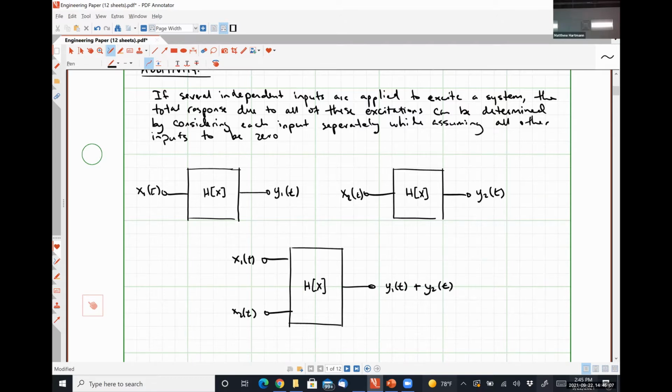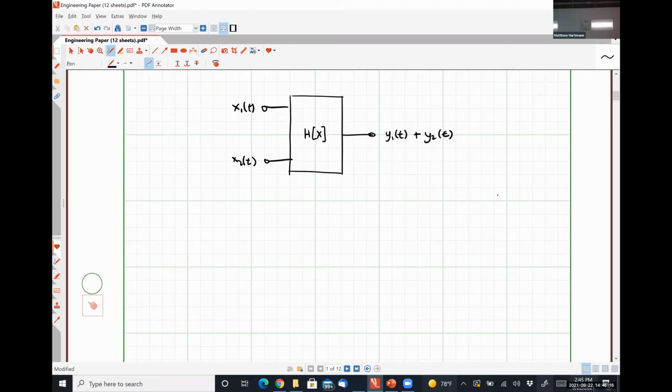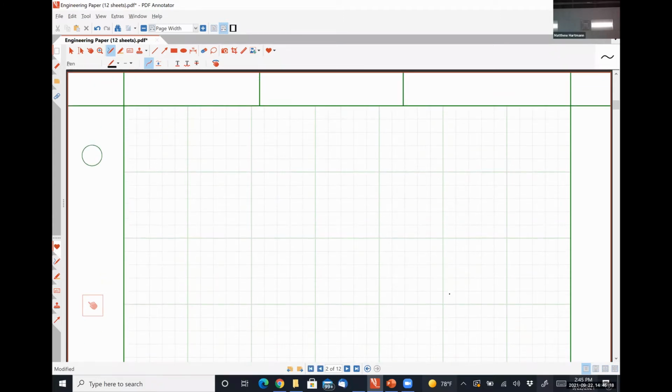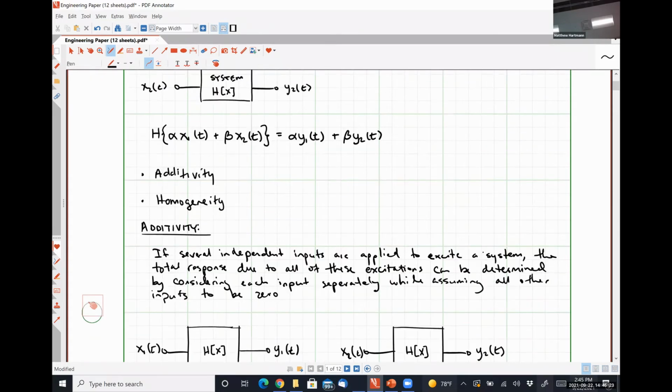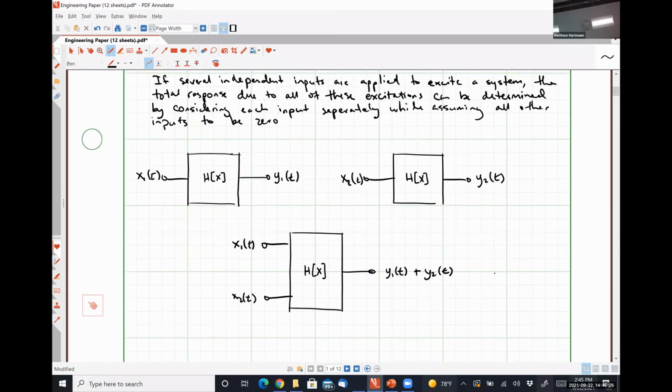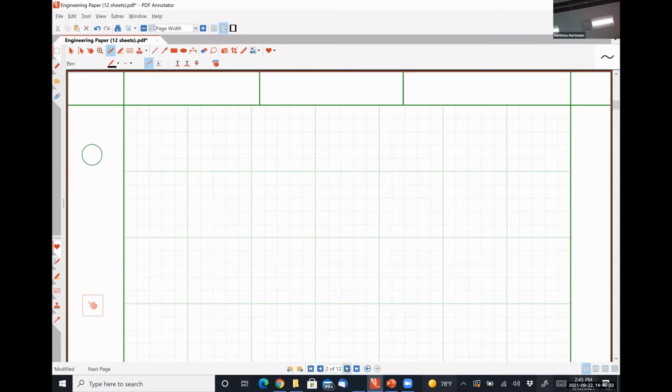So let's apply this to a circuit. We're going to test things in a couple of ways. We're going to solve a circuit in two ways. This is our circuit of interest.